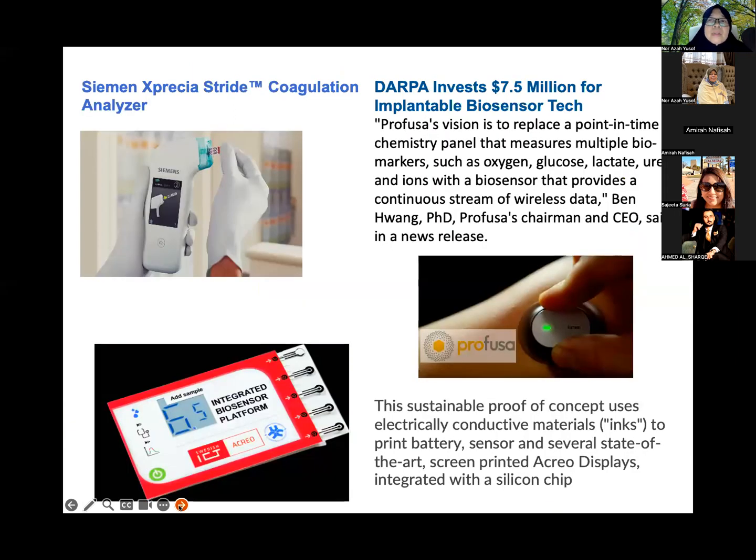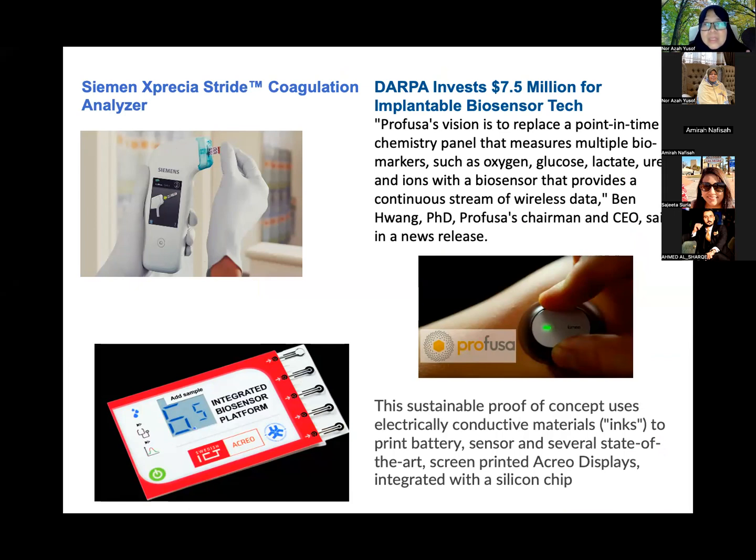So these are giant companies, some giant companies like Abbott. This is Siemens. This is a sensor for those who have the problem of blood clot. Their blood tends to clot, so it's a very dangerous condition.